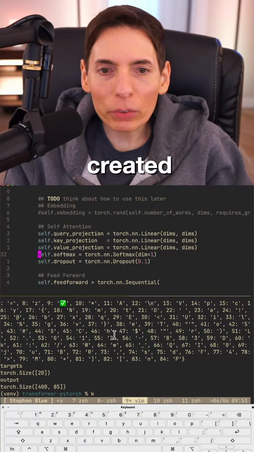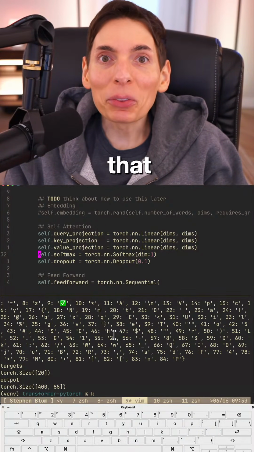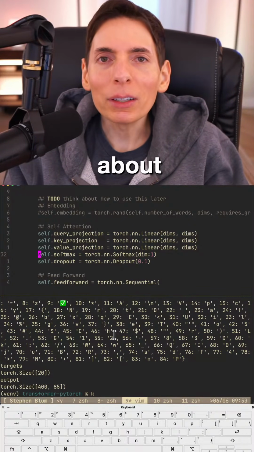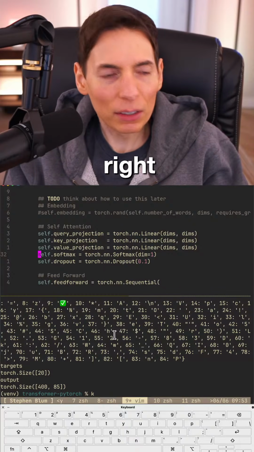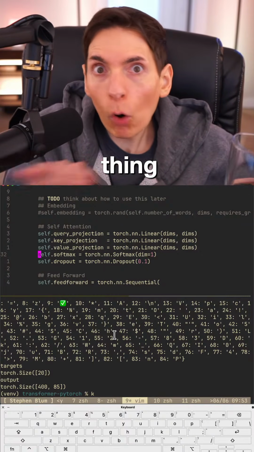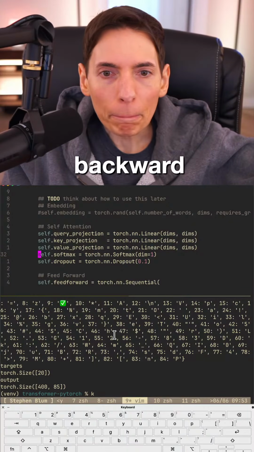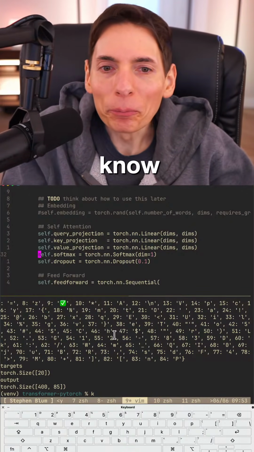You created reverse logic, Steven. Did you really? Isn't reverse logic the same as forward logic? It's the same thing forward and backward. Chicken, that's a good point. I don't know.